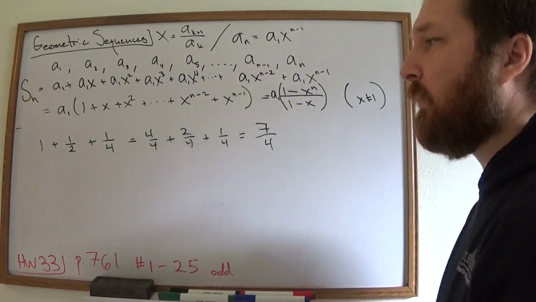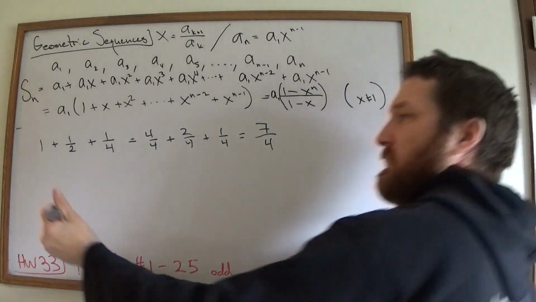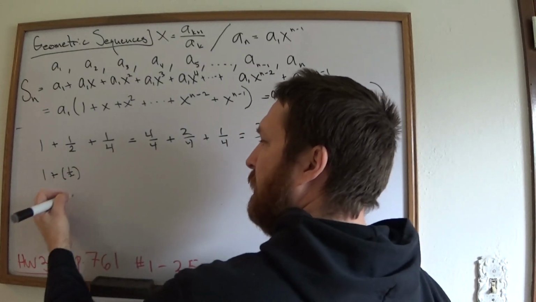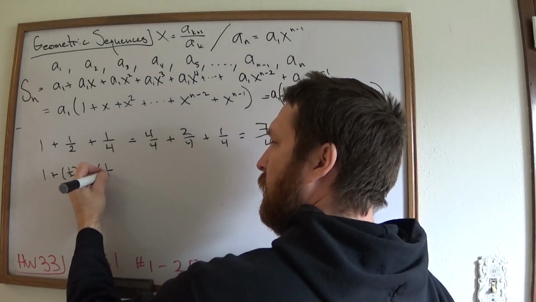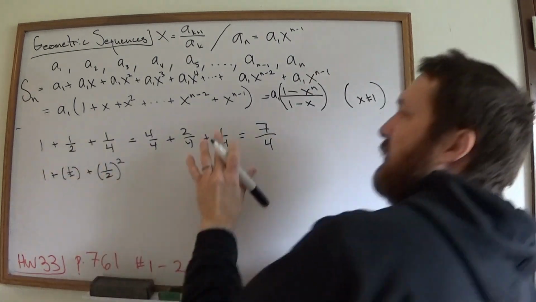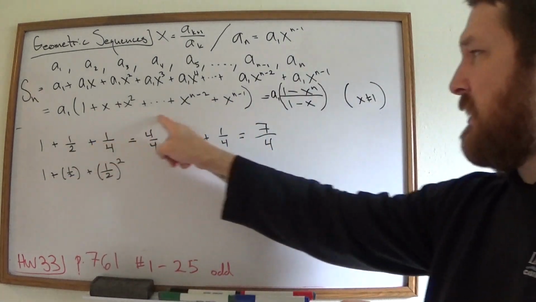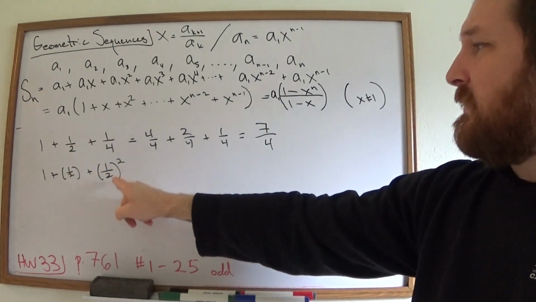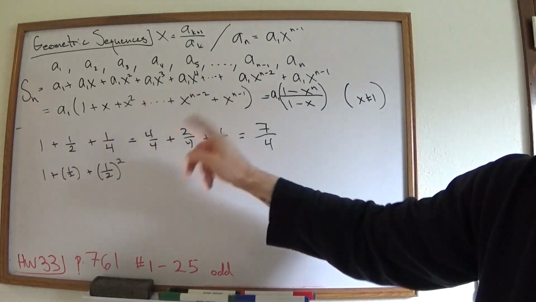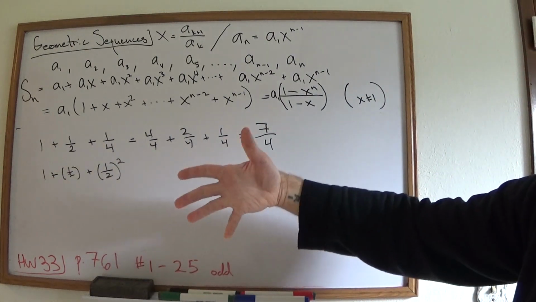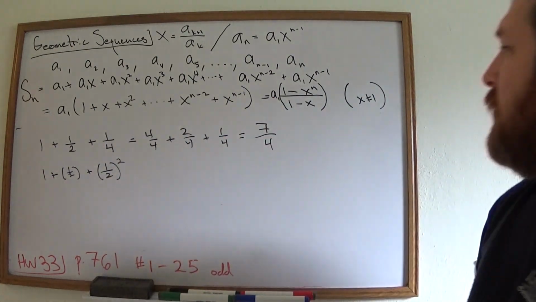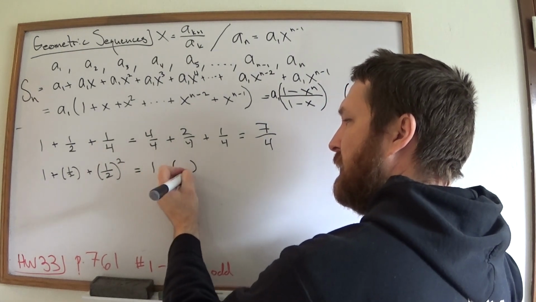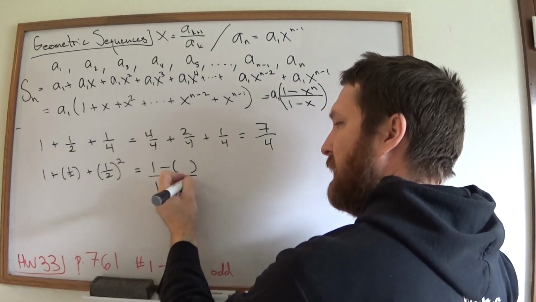What you'll notice is we could rewrite this as 1 plus 1/2 plus 1/2 squared. So we're in this type of regime right here, where you have some value that's coming up by a power every time, and you're adding them all together. And so this should be the same thing as 1 minus whatever that thing is.